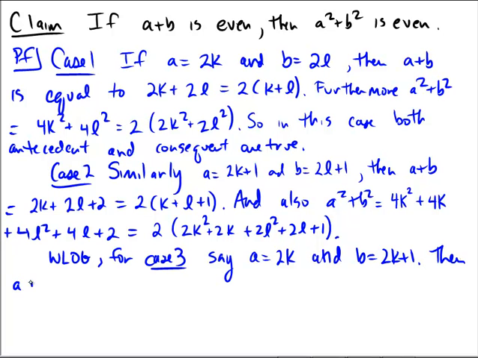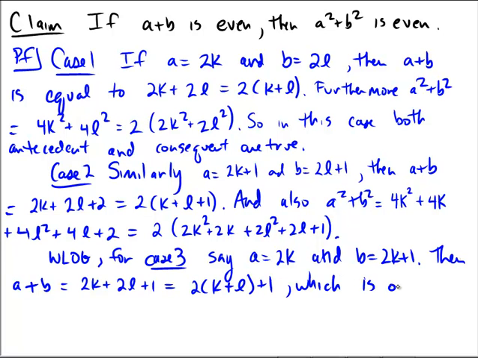Then a plus b would be equal to 2k plus 2l plus 1, which is 2 times (k plus l) plus 1, which is not even, which is odd. So for case 3, we're essentially saying that we don't have to look at the case in which one is even and one is odd. And these 3 cases, thanks to the without loss of generality, mean that we have completed the claim by cases. QED.